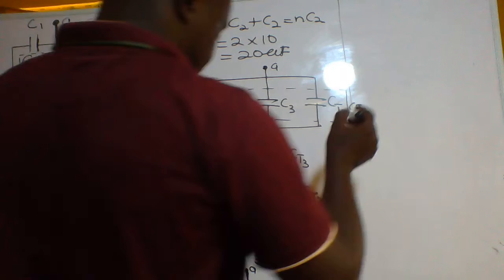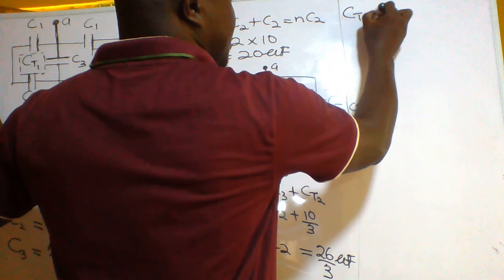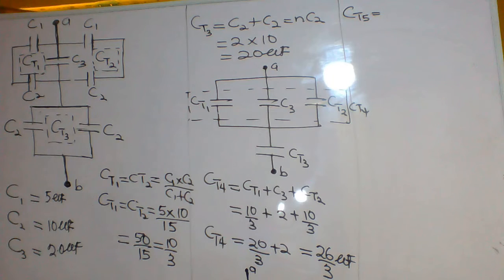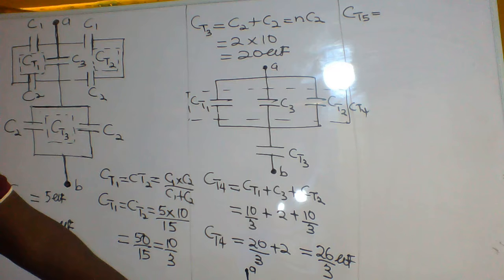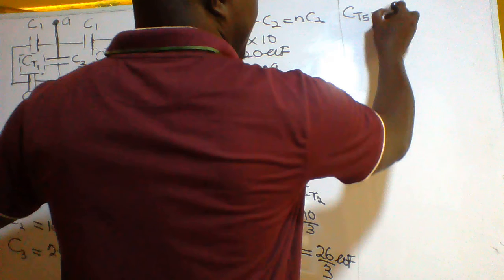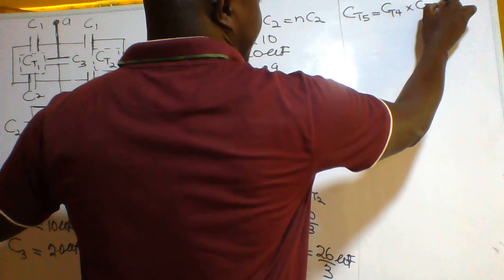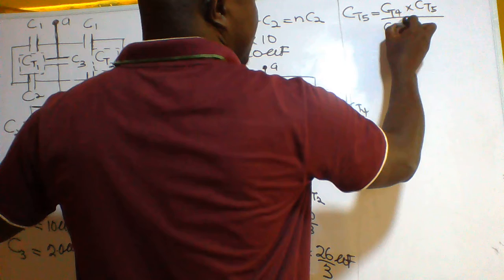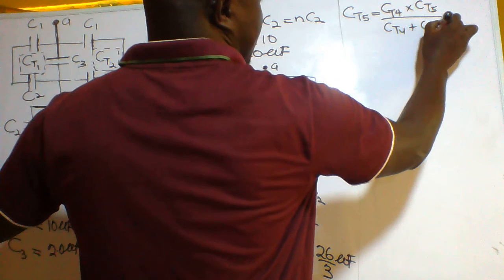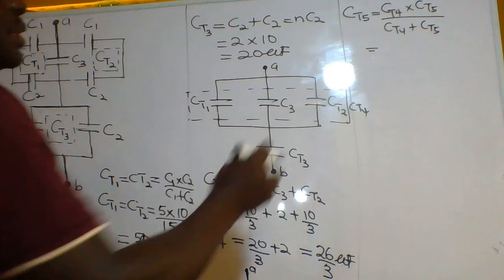So let's call it CT5, which is the application of the series to this. So we have CT4 times CT3 on CT4 plus CT3.